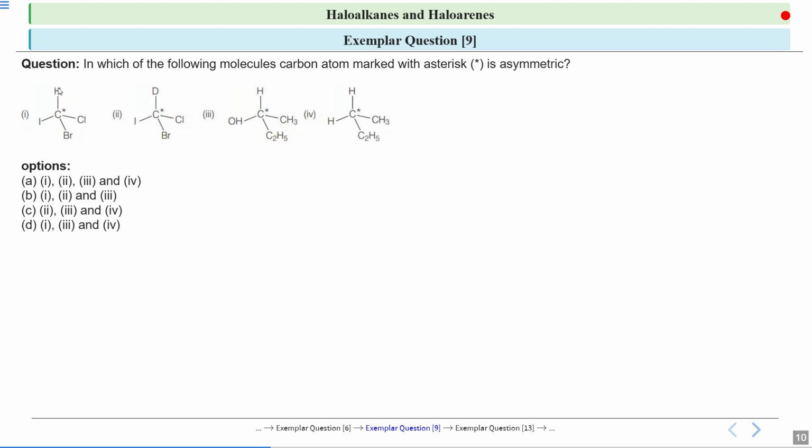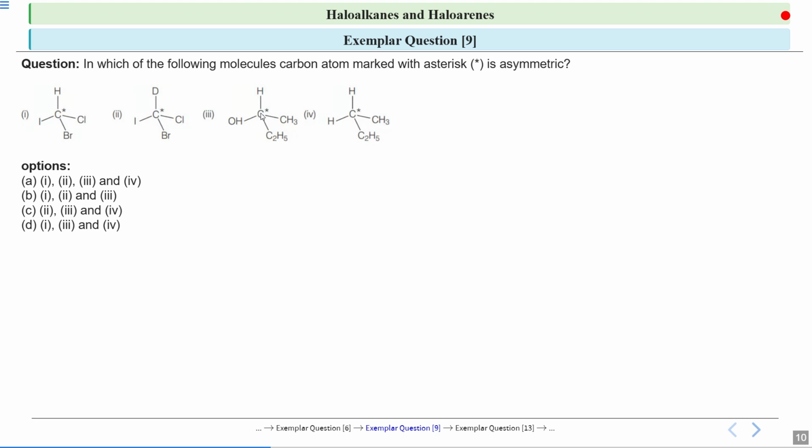You can see your first molecule, where the carbon having the asterisk symbol is attached to hydrogen, iodine, bromine and chlorine. In the second molecule, the carbon having the asterisk is attached to deuterium, iodine, bromine and chlorine, all different atoms, right?